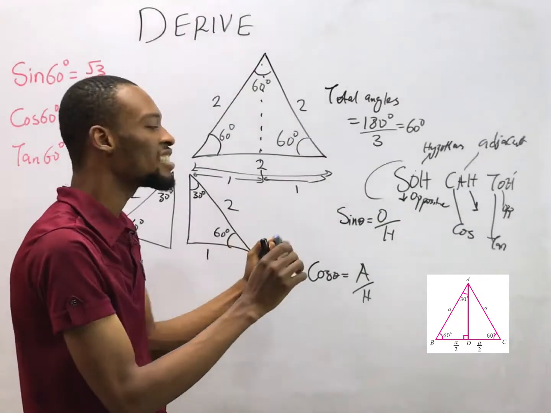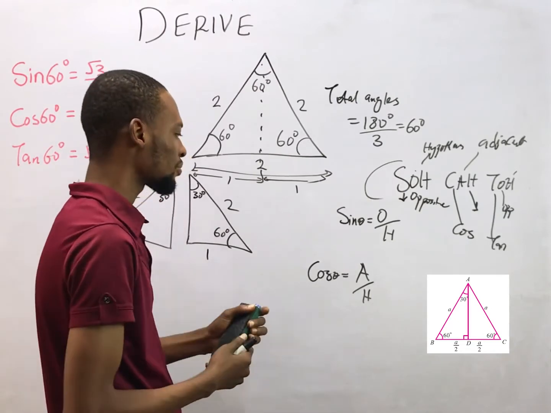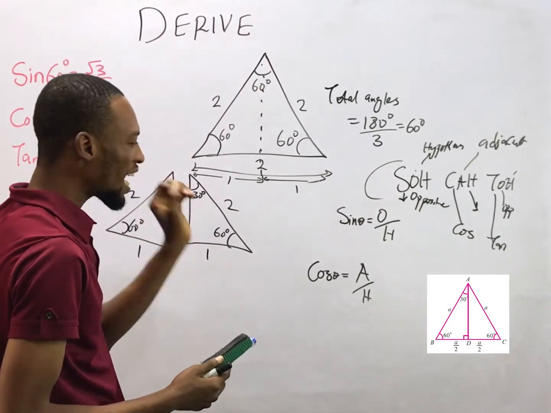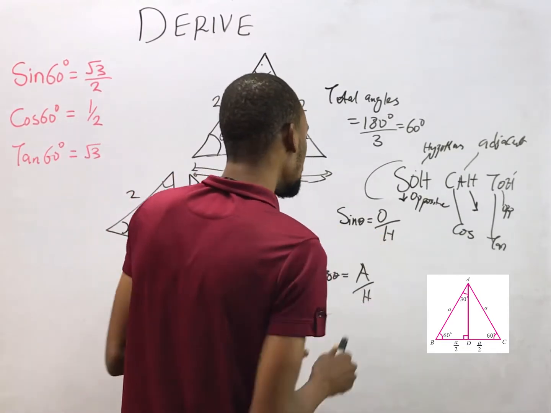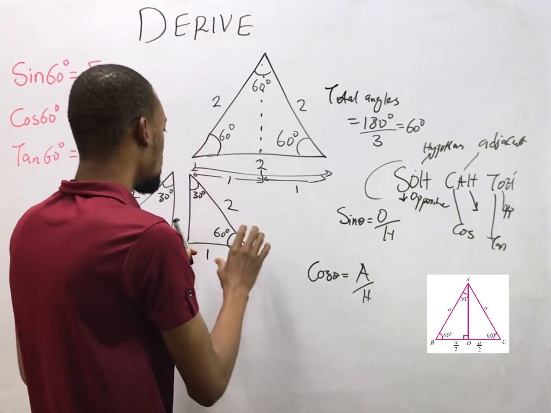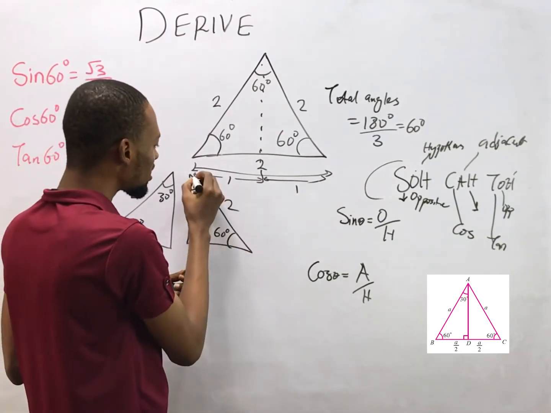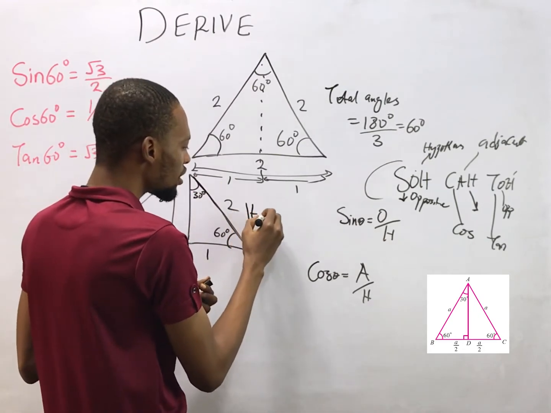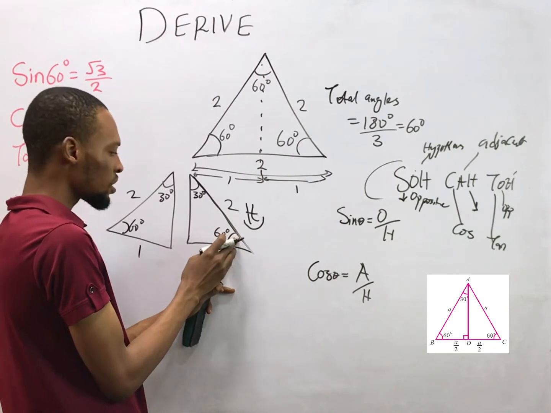Let's go to the last stage of the derivation. We have that sine theta is equal to opposite over hypotenuse. Now, what is opposite and what is hypotenuse? In this right triangle, this longest part is your hypotenuse, H. Now, this is the angle we are interested in, angle 60.